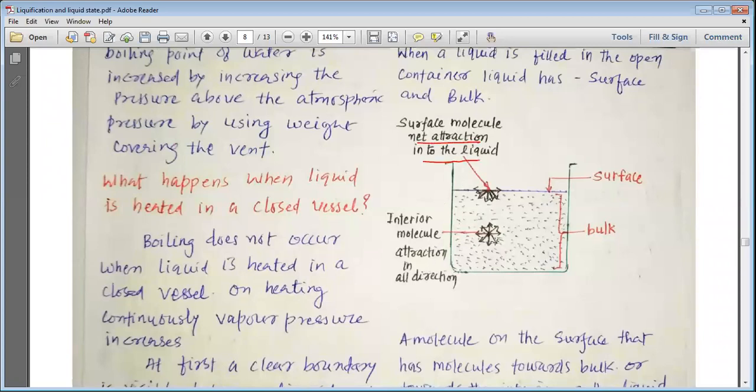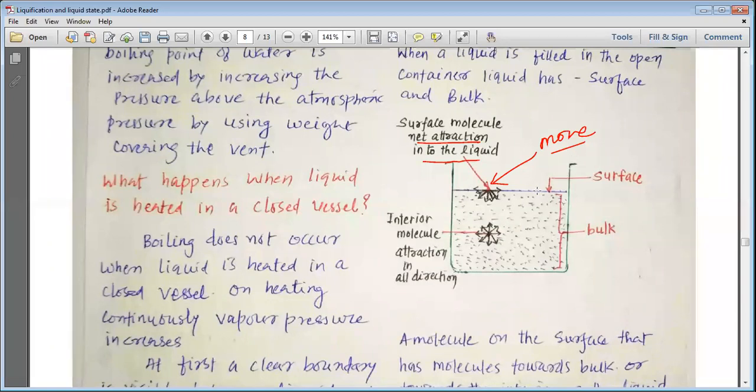At the same time, we have seen that the molecule present in the bulk have net forces. Due to this, the molecule present on the surface does not want to be on the surface because it feels some energy. So it has got more energy.